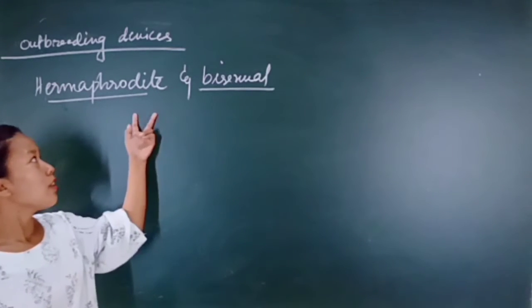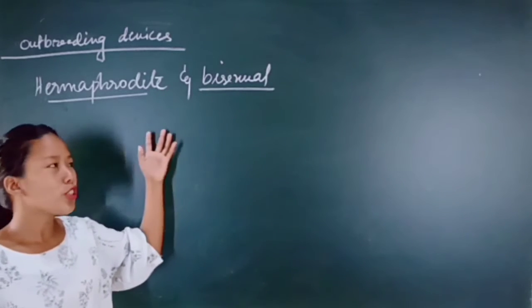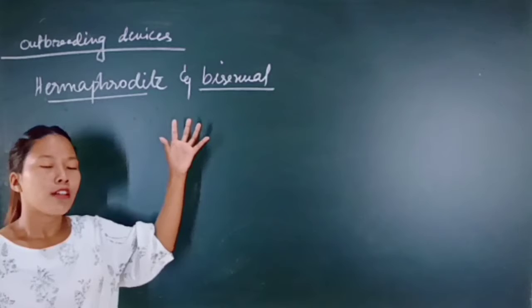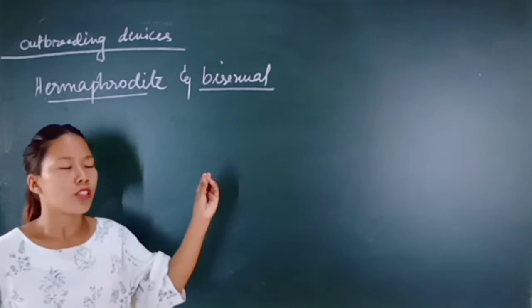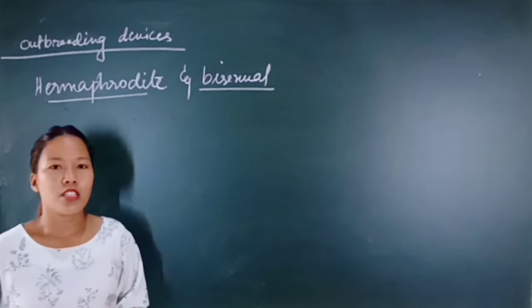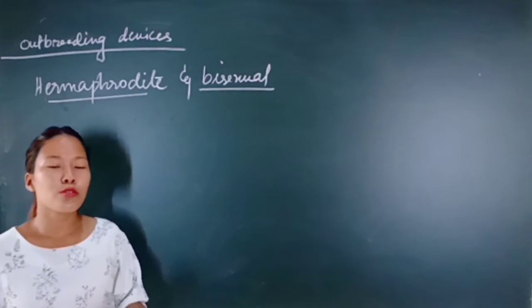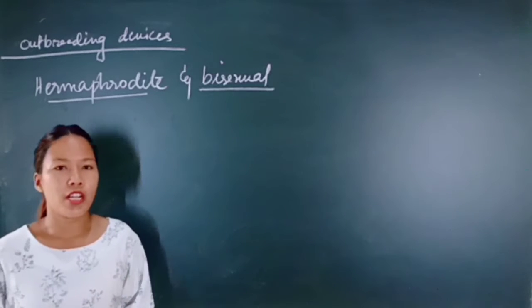These plants have both the male and female parts in the same flower, so there is more chance for them to carry out self-pollination. So this type of flowers try to prevent self-pollination, and they try to go for cross-pollination.